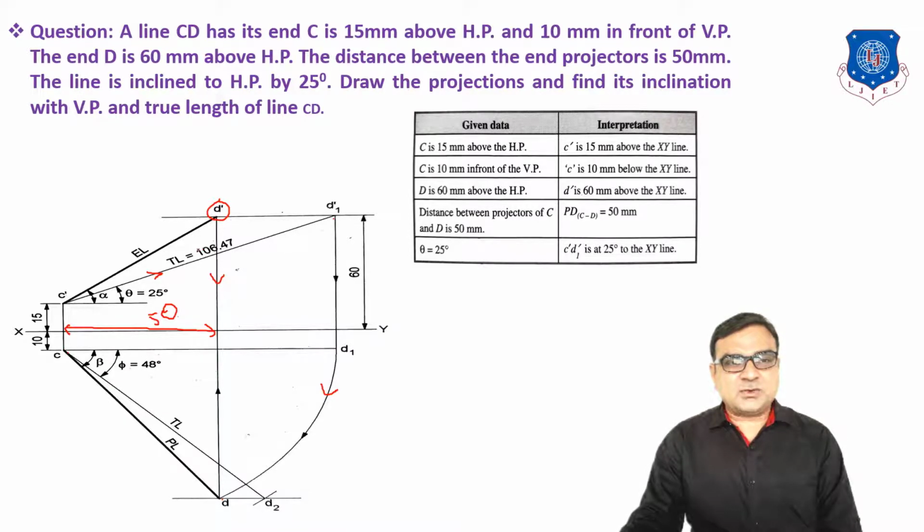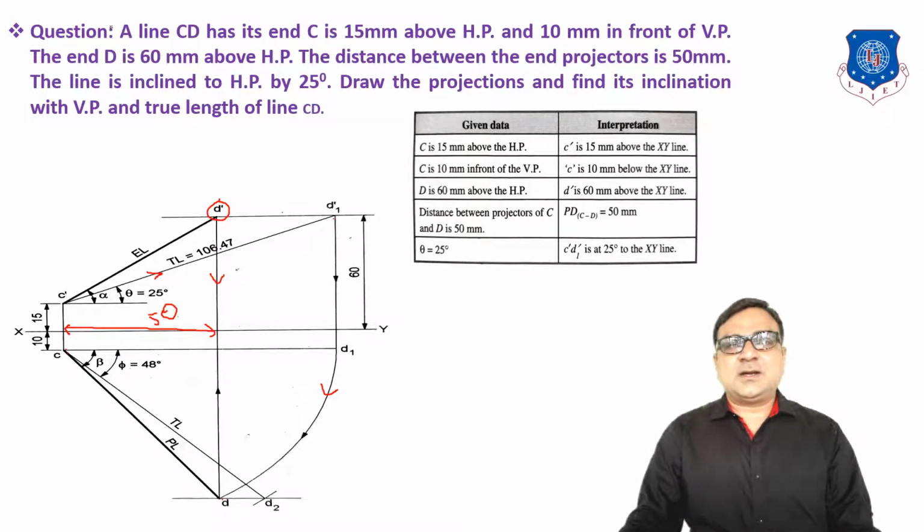Whatever the true length is here, 106.47, the same true length is the radius; with C as center, draw an arc here and locate D2. So by using CD2, the inclination angle with the horizontal line is known as phi, and this is theta. So our answer is the inclination of the line with VP 48 degrees and the true length 106.47.